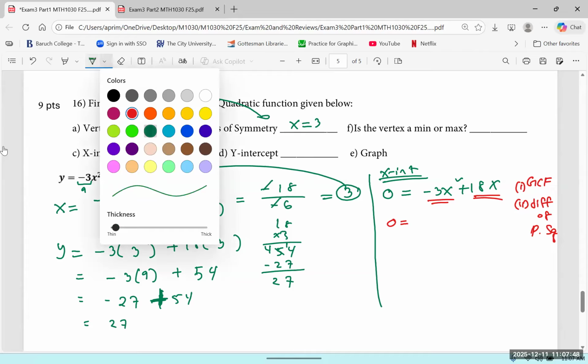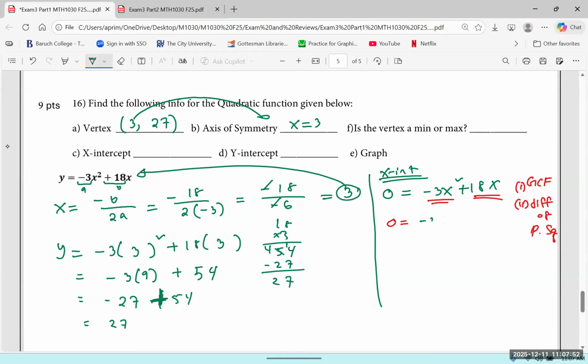GCF. So what do you see common in both of them? Negative 3 for the number and x for the variable. So if we factor out negative 3x, then what is left? X minus 6. So these are the two factors you have, and then you set each factor equal to 0.